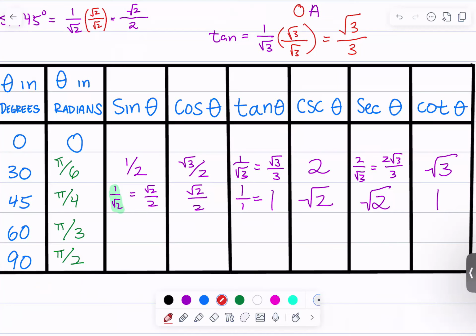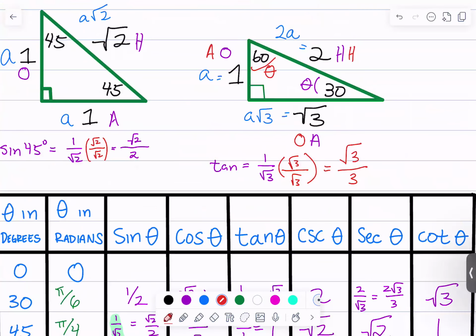Opposite and adjacent swap. So in terms of my trig values, sine, cosine, and tangent, what changes? What flip-flops? This, for example, the sine of 30 degrees equals what trig value of 60? The cosine. Because look, opposite over hypotenuse, right?